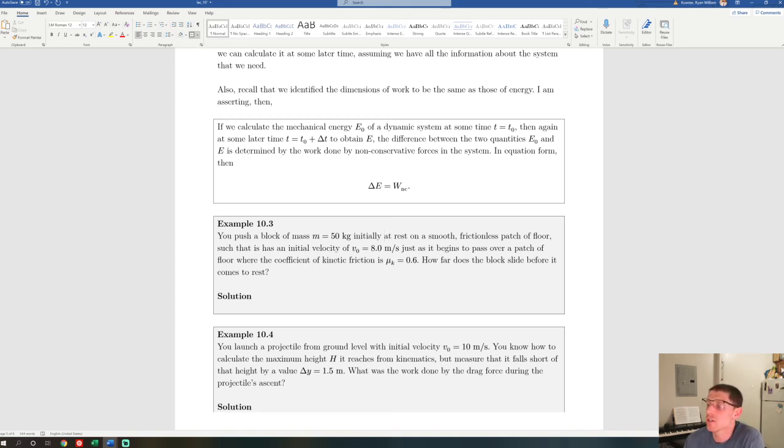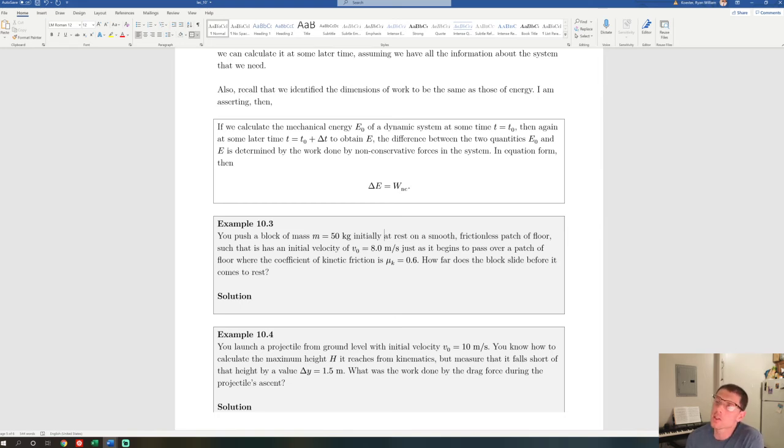So you can imagine maybe something like the boundary between two rooms in your apartment or house, right? Where in one room you have a hardwood floor that's pretty smooth and maybe you can neglect friction, and in the other room maybe you have carpet, and the friction is going to be more noticeable in that room.